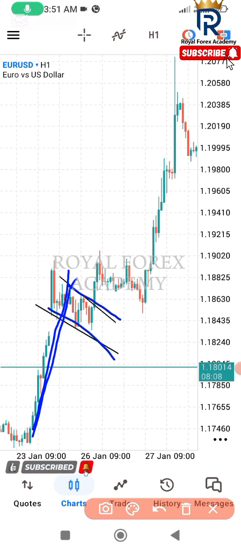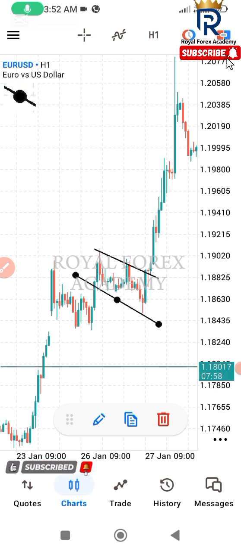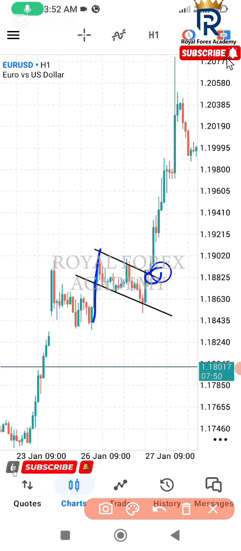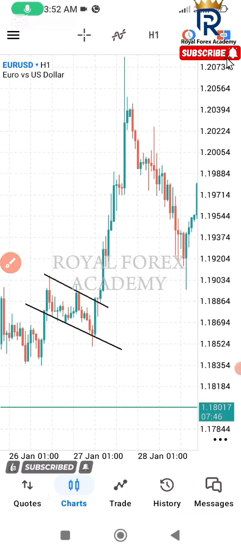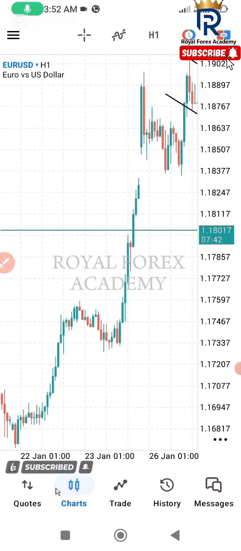Do you see it? And then price pushes up to the upside. Afterwards again, price gave us another flag pattern. Do you see that? So here is the pole, and then price broke out of it, and then you see how it pulled to the upside. So these patterns are what are called trend continuation patterns.